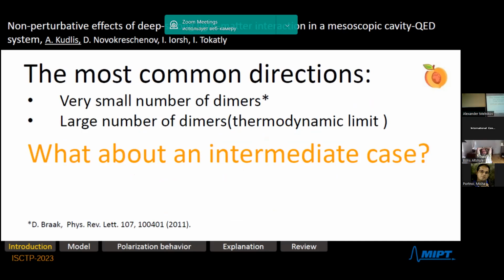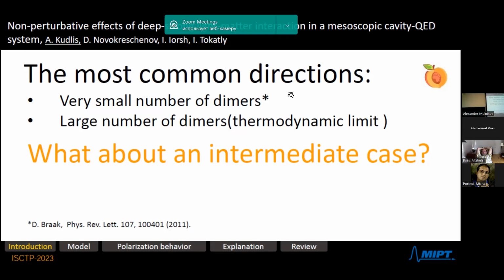And in particular, a little bit more than 10 years ago, the exact solution was obtained for the Rabi model. And the second limiting case is the so-called thermodynamic limit, where we should consider asymptotically a large number of these material subsystems. But what about the intermediate case?